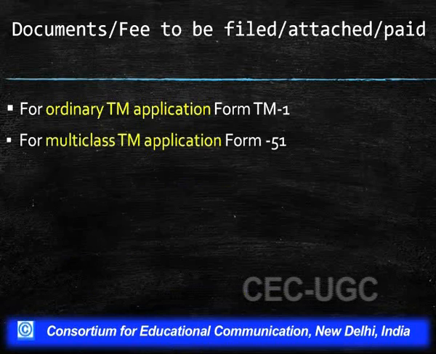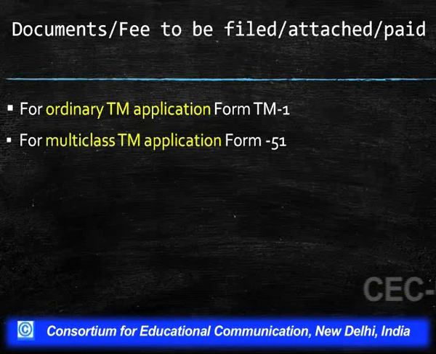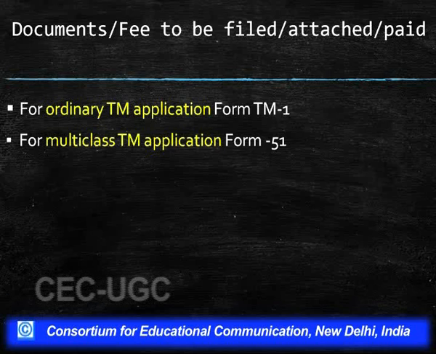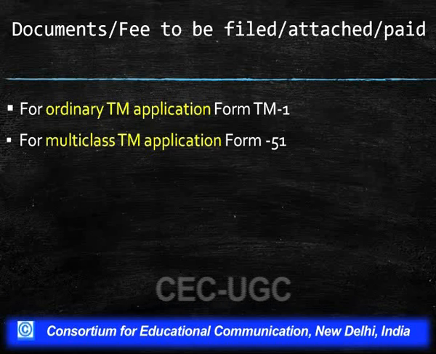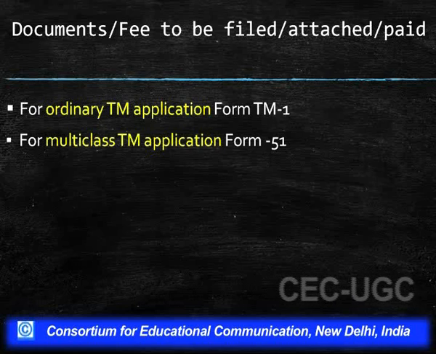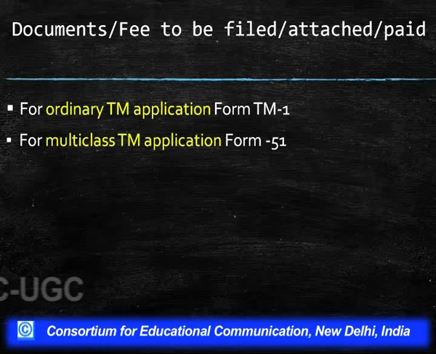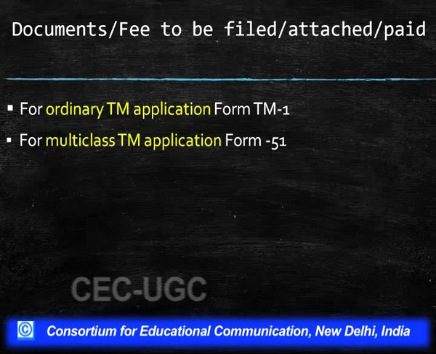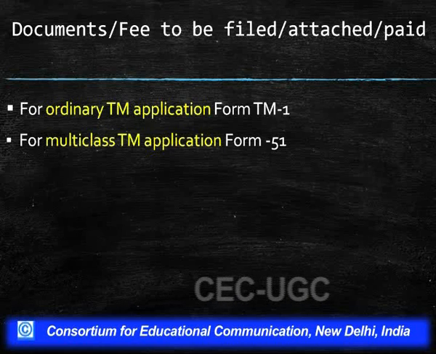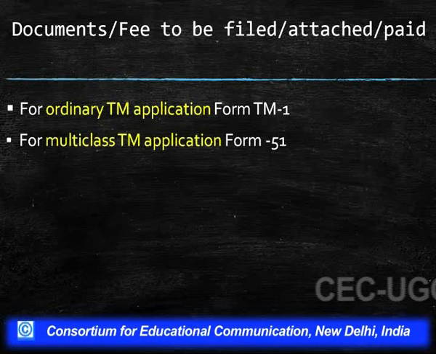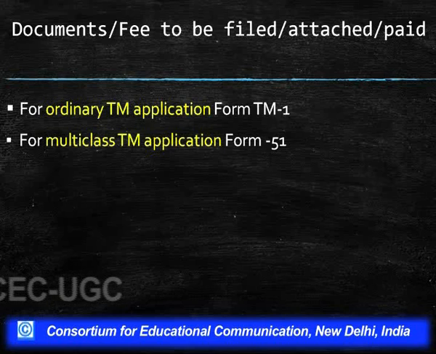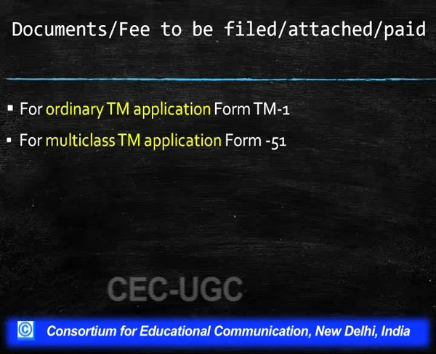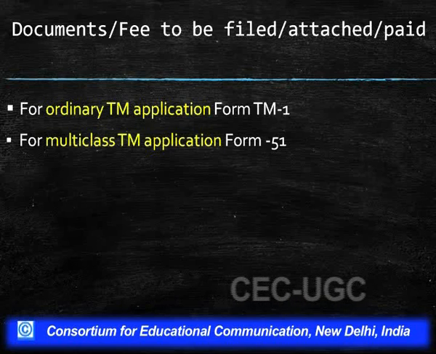Further, in the case of multi-class trademark applications, form trademark 51 has to be attached. What does a multi-class trademark application mean here? It means where one seeks to get the trademark registered in different classes, on different goods or services falling under different classes. That is called a multi-class trademark application.